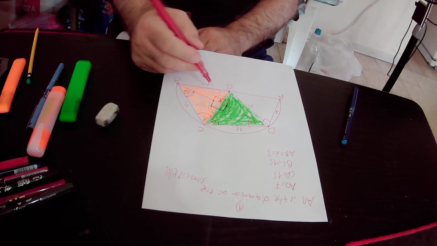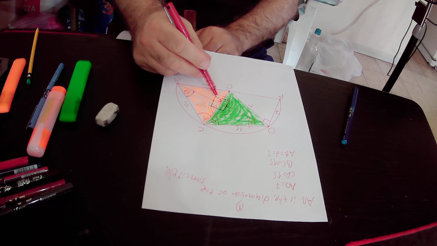We also know that angle OEB is also a right angle. It equals 90 degrees.